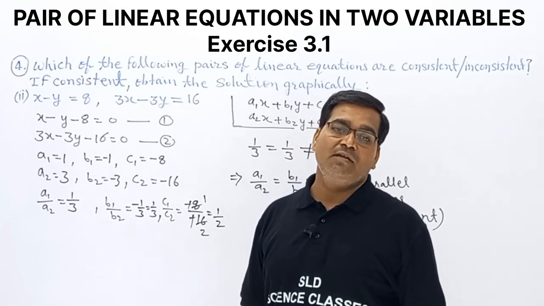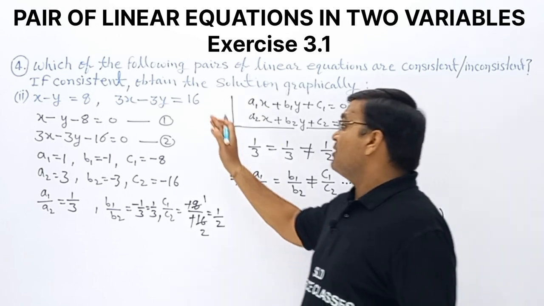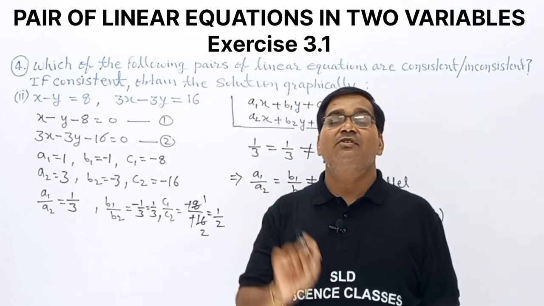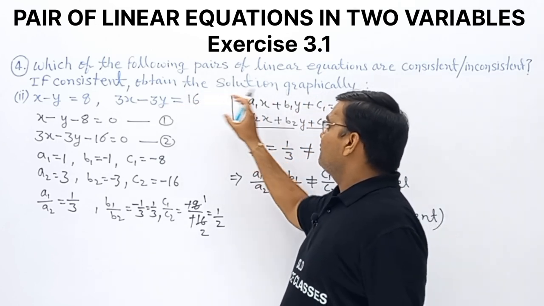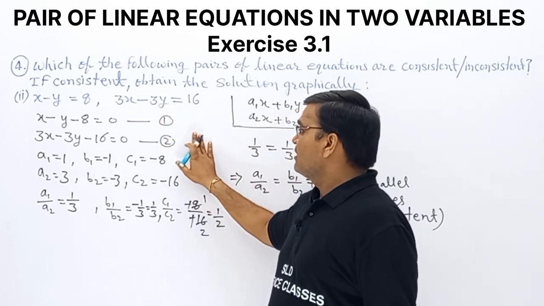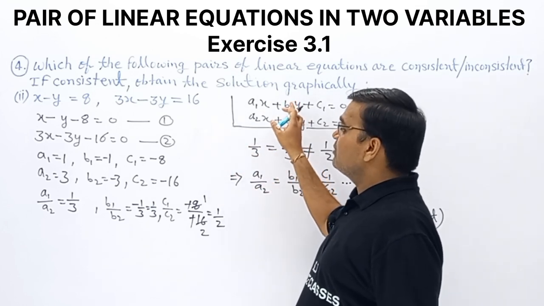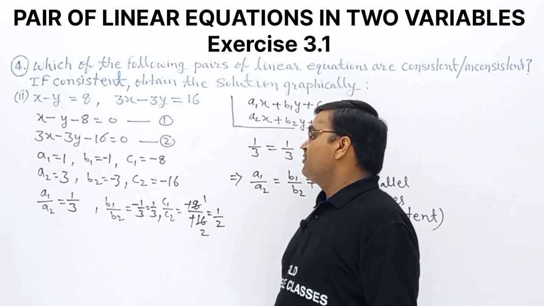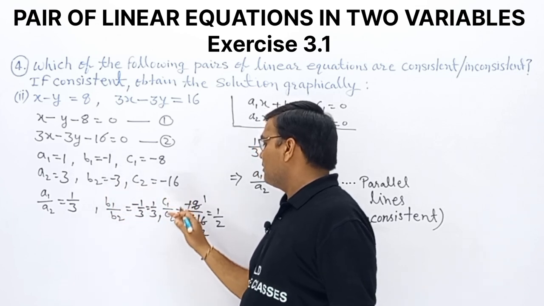We first write them in general form, then compare and write the coefficients a1, b1, c1, a2, b2, c2. Then we write the ratios a1 upon a2, b1 upon b2, c1 upon c2.